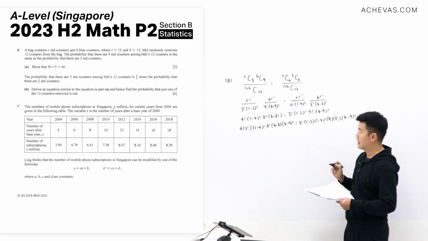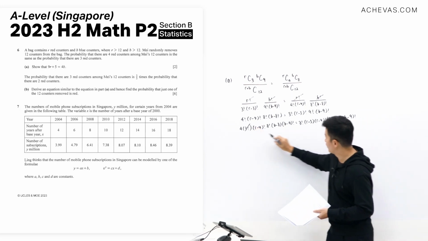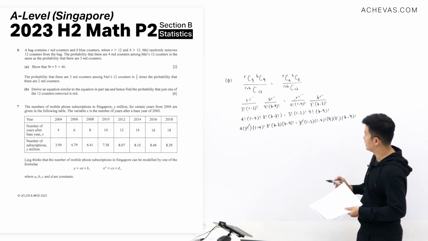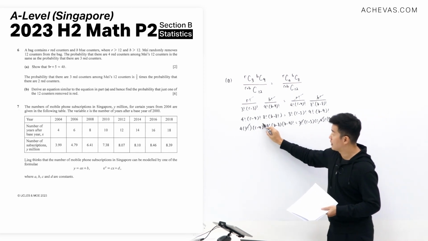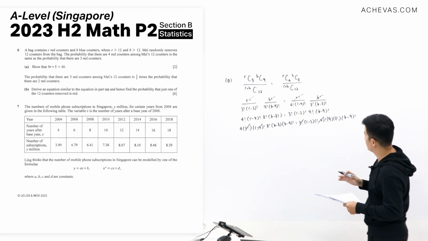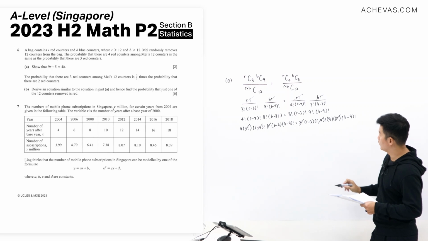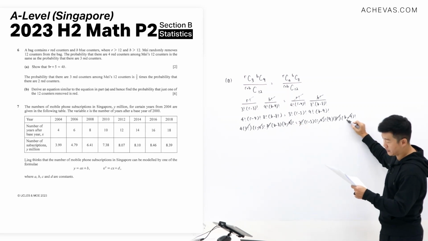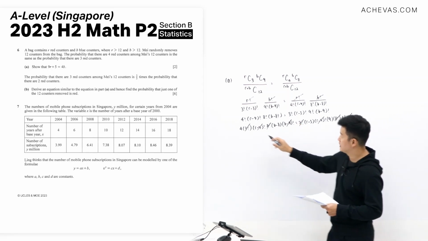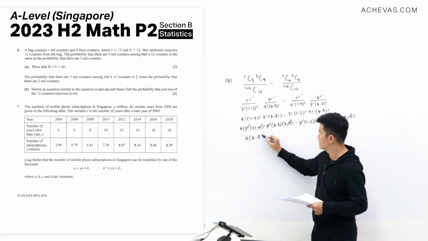So now let's try to cancel away terms that are the same. This 3 factorial, we'll be cancelling away. R minus 4 factorial, we will also be cancelling away. 8 factorial disappears, and we will have B minus 9 factorial disappear also, which means that on the left, we are left with 4 times B minus 8.